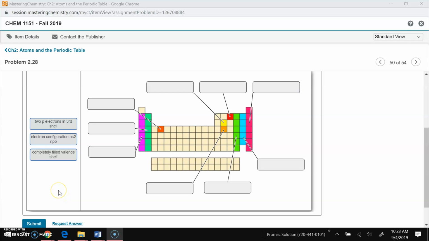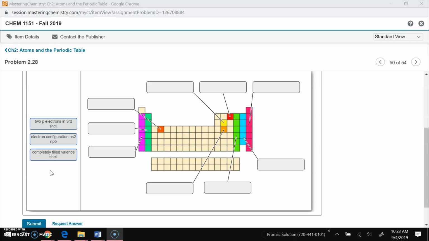So let's just do the bottom one first because that is actually the easiest. Completely filled valence shell. Completely filled means you have a totally full outer shell. You're thinking, okay, those are generally the p orbitals.